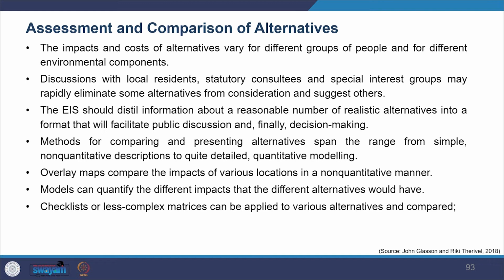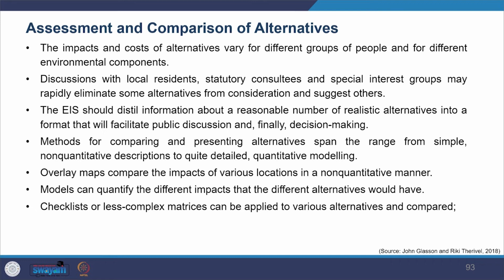And then you can also have overlay maps where you can undertake the analysis and show where you have better results. Then you can also have models which can quantify the different impacts that different alternatives would have. You can also use a checklist, or a less complex matrix can be used to communicate this. So using all these techniques you can compare.